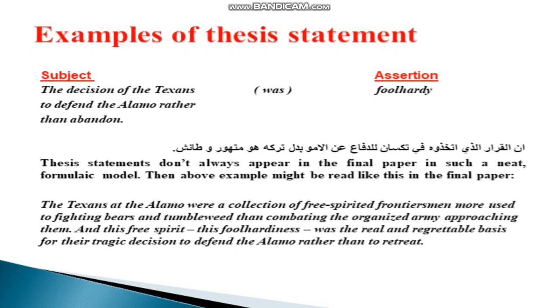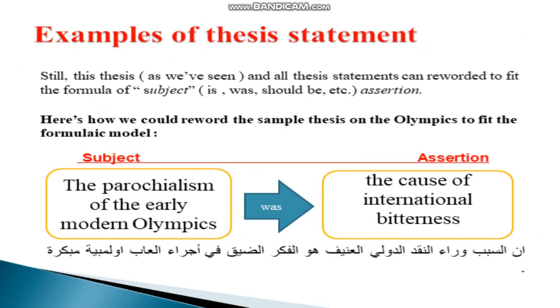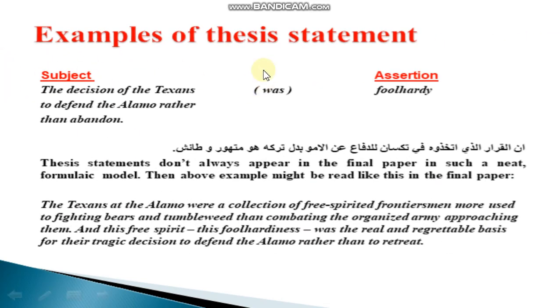Okay, so what is important in this slide is that the thesis statement should be mentioned two times. The first time should be mentioned at the end of the introductory section of your paper, like this. And in the conclusion paragraph, you need to restate the thesis statement in other words.